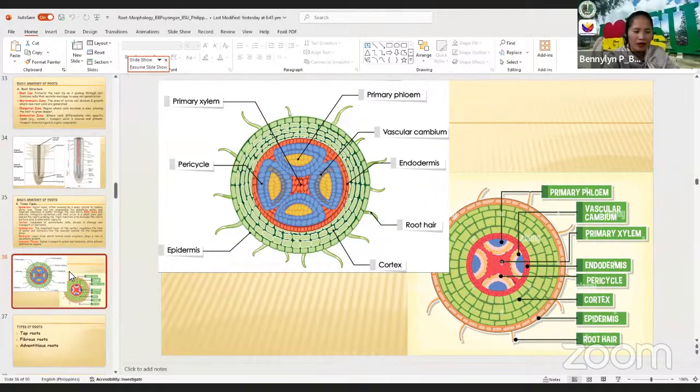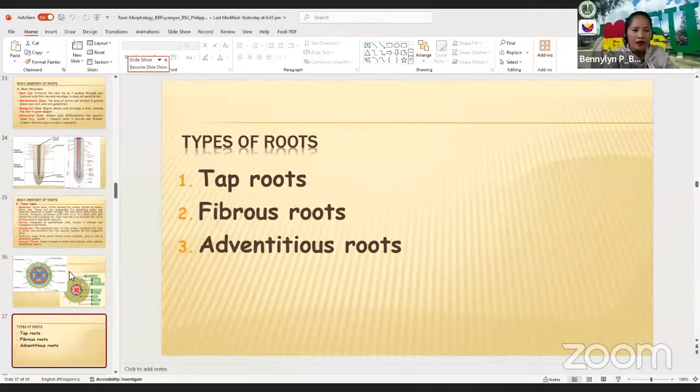Again, some reminders. If you have questions, you can take note, and then later on, we will have an open forum. Okay, for lesson 3, after the introduction to root morphology and the basic anatomy of roots, now we have lesson 3, which is the types of roots. So we have 3 main types of roots.